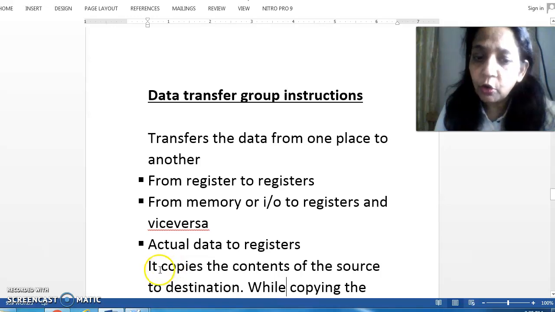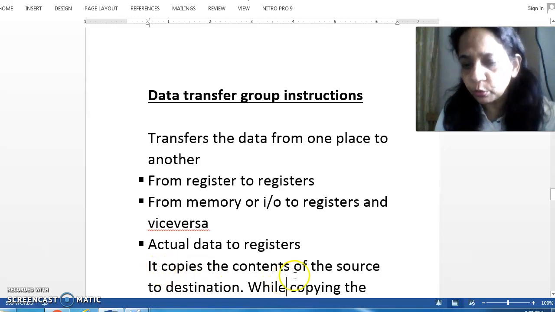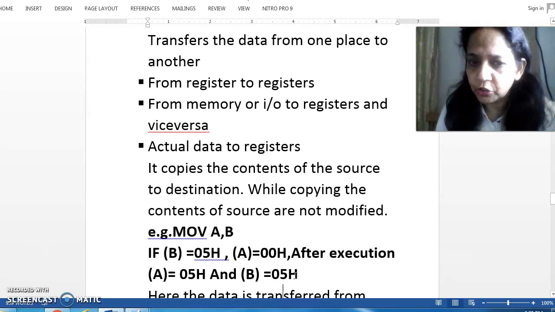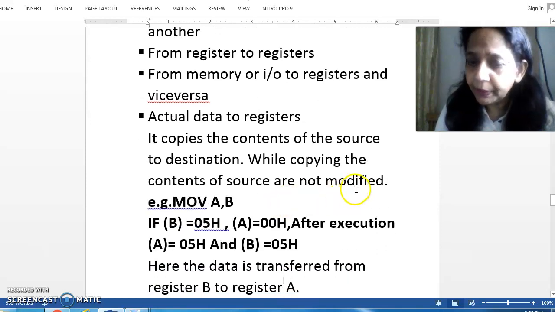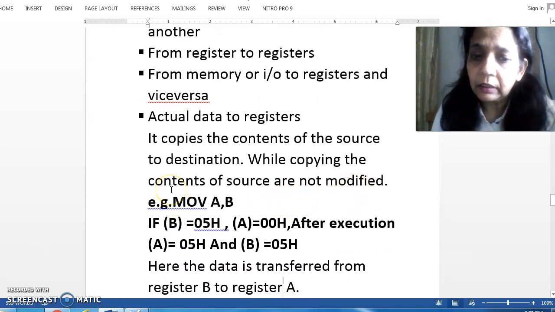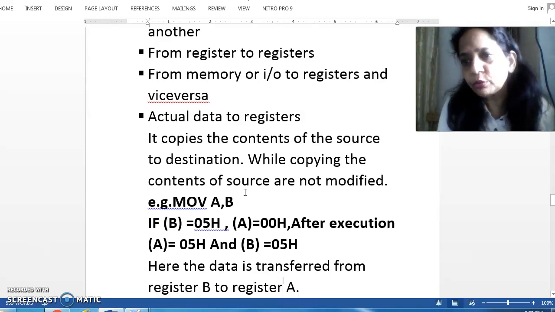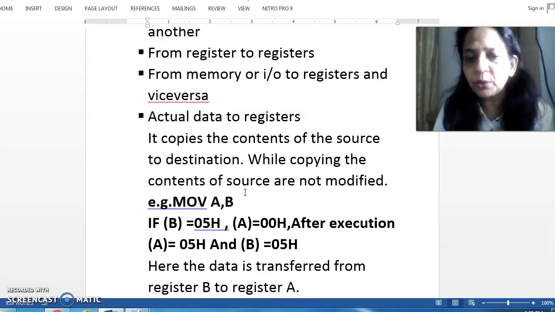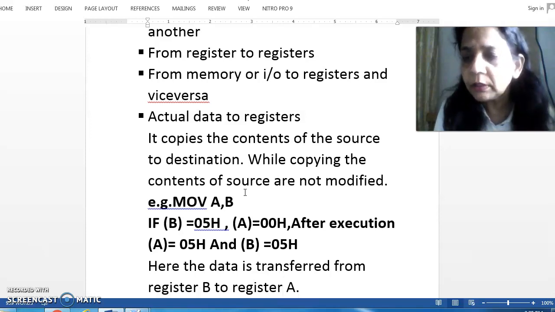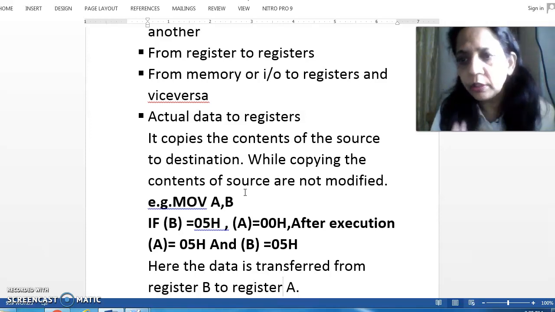So actually it copies the contents of the source to the destination, and while copying, the contents of the source are not modified. Since we use the word transfer, they are not actually moving the contents of the source to the destination, but just copying them. So source and destination will have the same contents now.